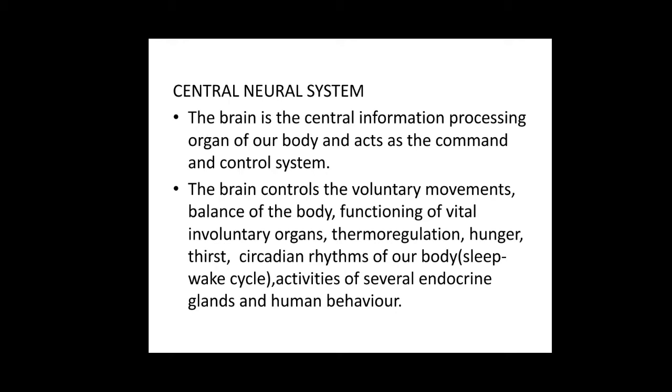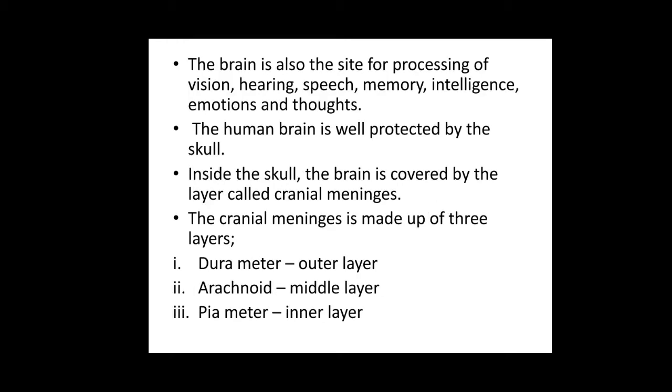The brain also controls the activities of the endocrine glands as well as human behavior. Along with these functions, the brain is also the site for processing of vision, hearing, speech, memory, intelligence, emotions, and thoughts.